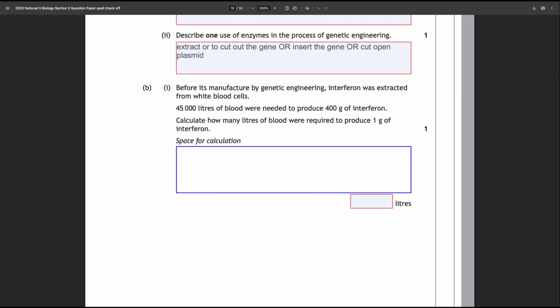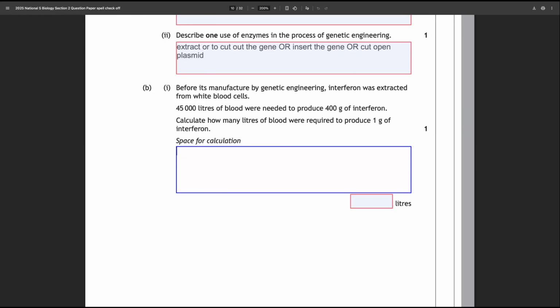So we know the total grams of interferon for both here. So we simply say that 45,000 litres of blood is 400 times more than what we need for 1 gram of interferon. Okay, 400 grams of interferon needs 45,000. 1 gram, which is 400 times smaller, is going to need 400 times less than 45,000 litres of blood.